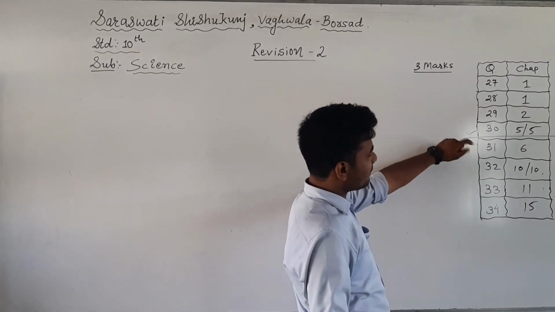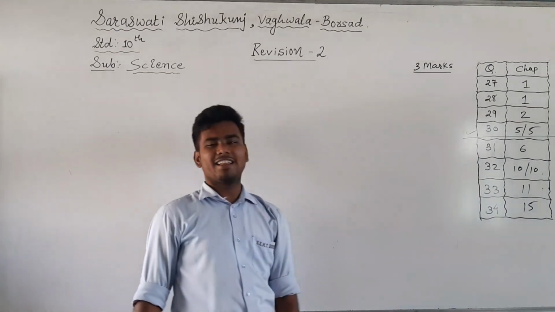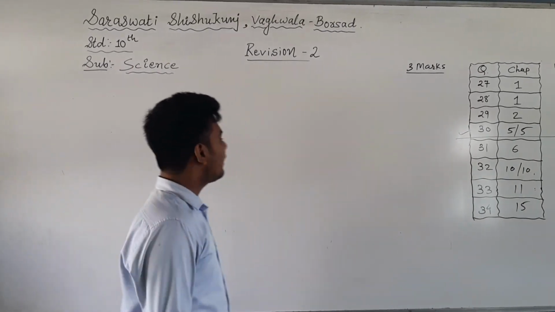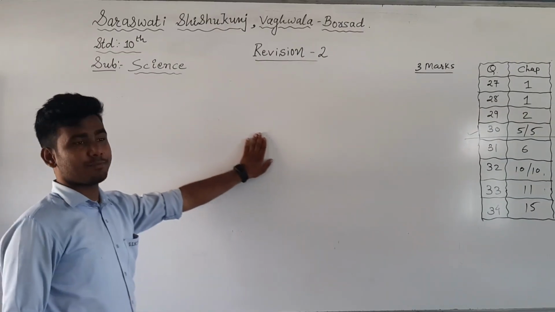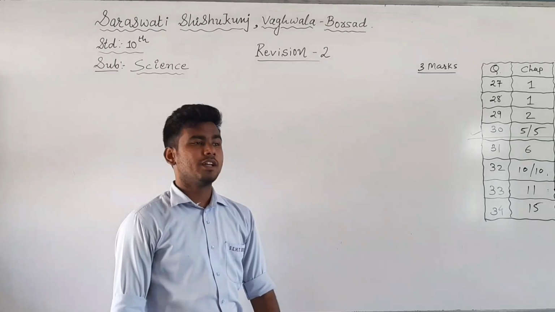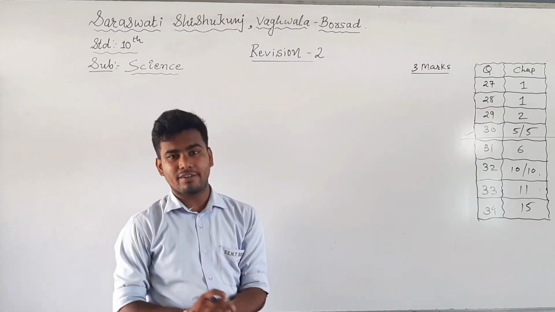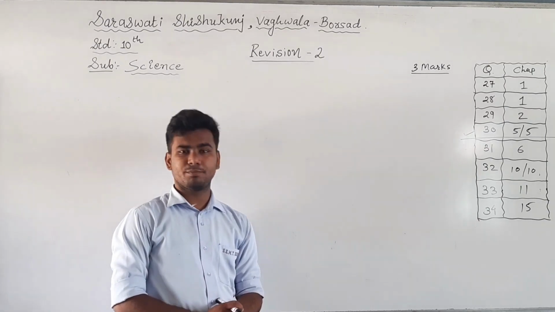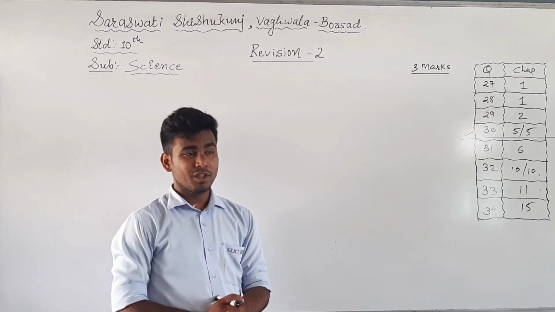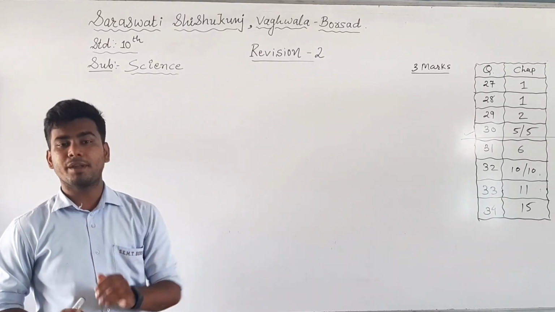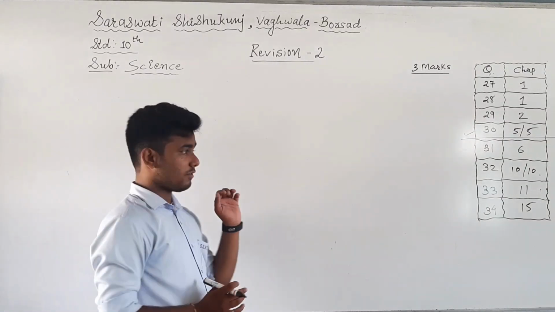Let's discuss question number 31. That will be from our chapter number 6. Now, as we know, many differences can be asked from chapter number 6, right? Like what is the difference between veins and arteries, or what is the difference between xylem and phloem? Also, what is the difference between the autotrophic mode of nutrition and the heterotrophic mode of nutrition?